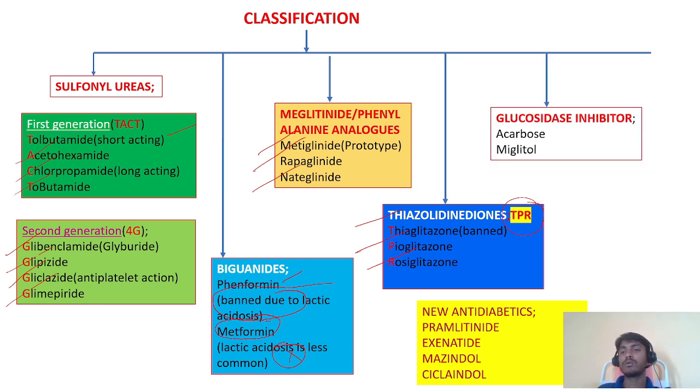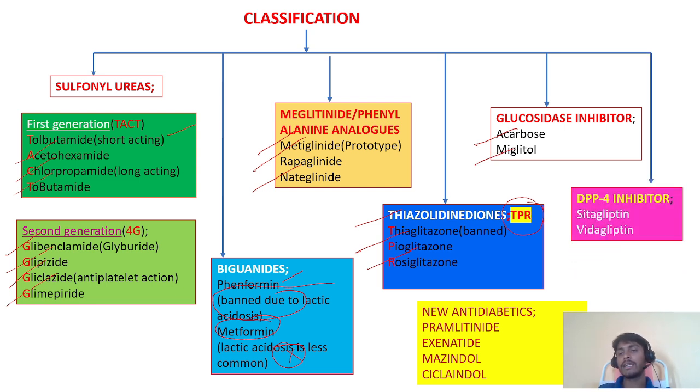Next, glucosidase inhibitors, that is acarbose and miglitol. Next, DPP4 inhibitors, that is sitagliptin and vildagliptin. So all these drugs can be used in type 2 diabetes.